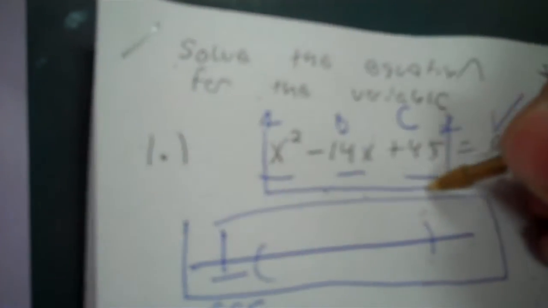Okay, so I take my A times my C, and I take 1 times 45. So that's 45, and it's positive, so that is a match. And it has to add to negative 14. 45 divided by 1 is 45, so that's negative 46.